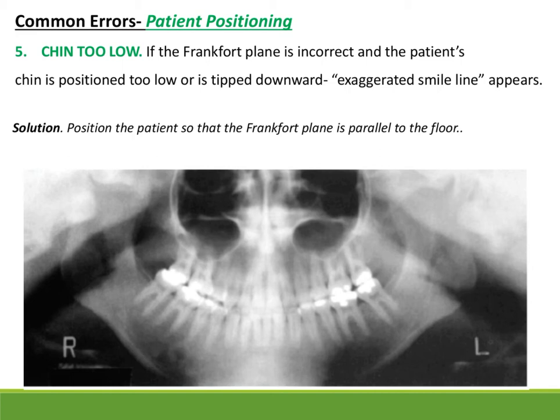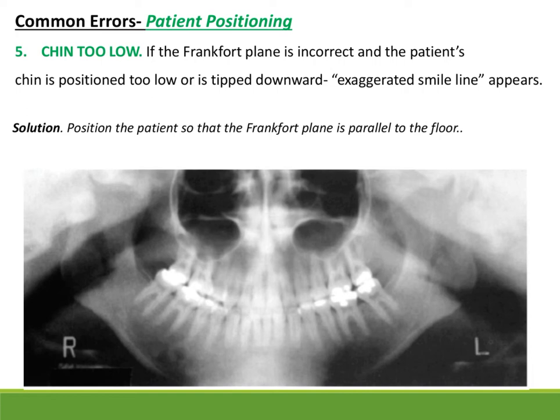What is the problem? If you imagine yourself standing with the head too far down, you can expect that the chin is going to get cut in the radiograph. So what you see here is an exaggerated smile line.